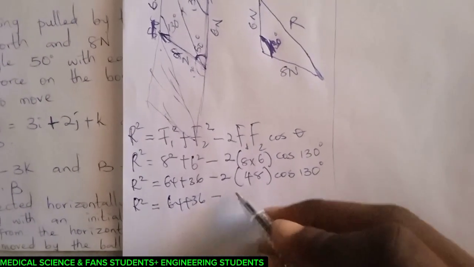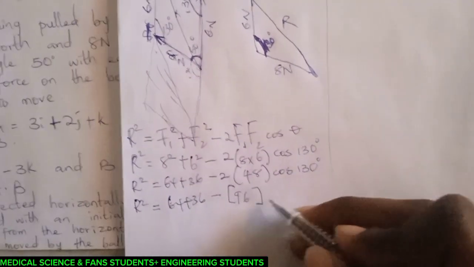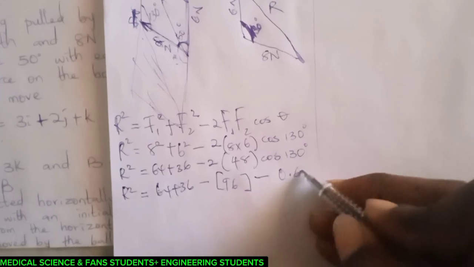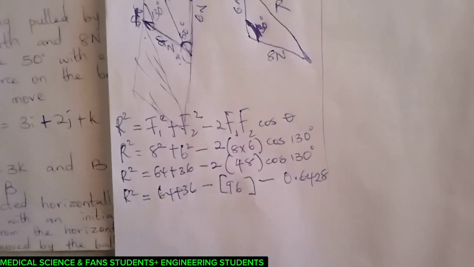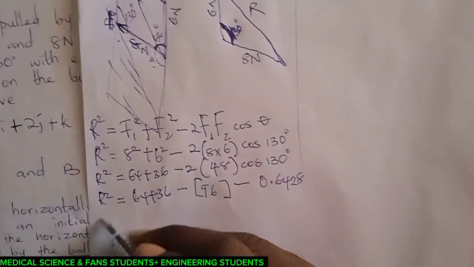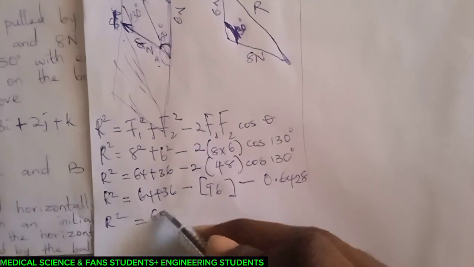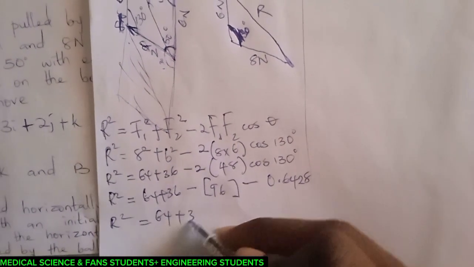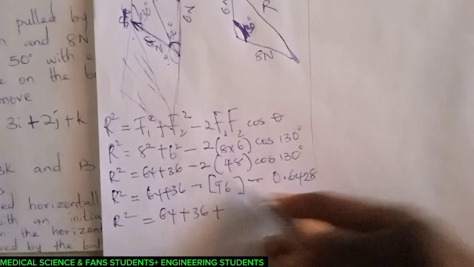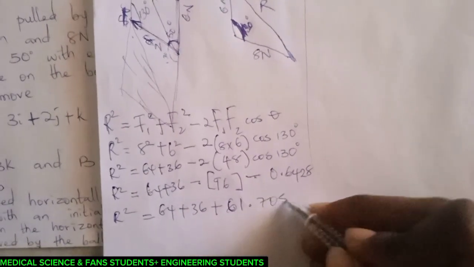So 64 minus 36. Then if you times this, it becomes 96. Then minus cos 130 is 0.6428. Yes. So r square is equal to 64 plus 36 plus, because minus minus, when you times these two, now have plus 61.7088.